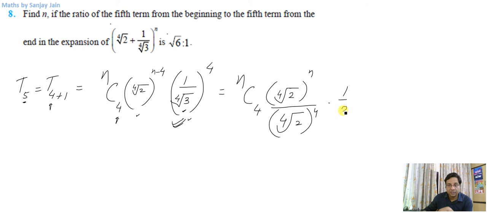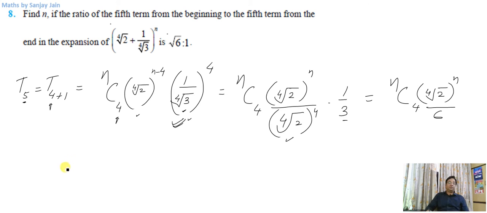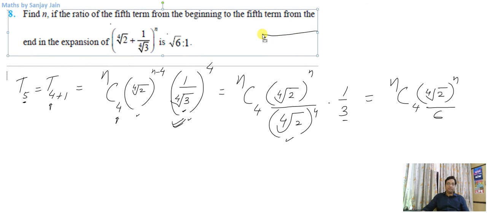Now, another step, I can write it as nC4 times the 4th root of 2 raised to power n. I can also write it as 2 raised to power n by 4, but I am not doing that for the time being. We will see if we require that or not. So this raised to the 4th power will give me 2 here, this is 3, so this is 6.